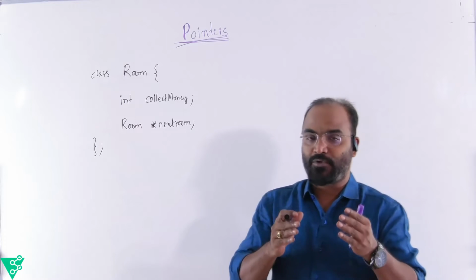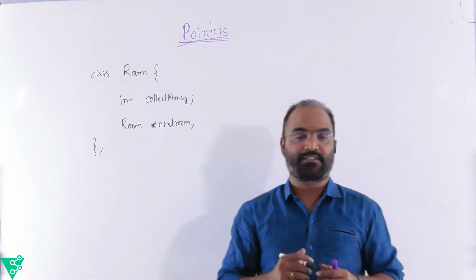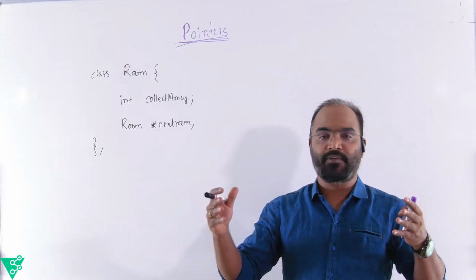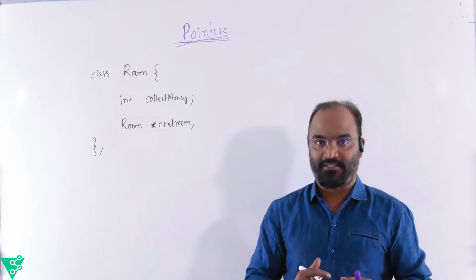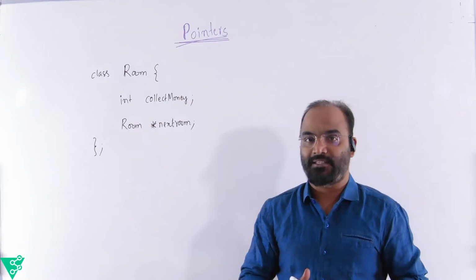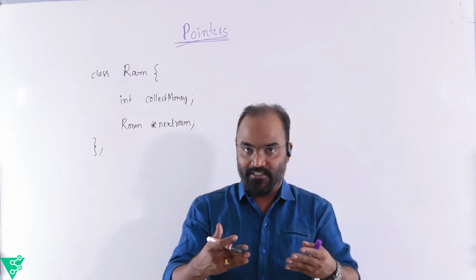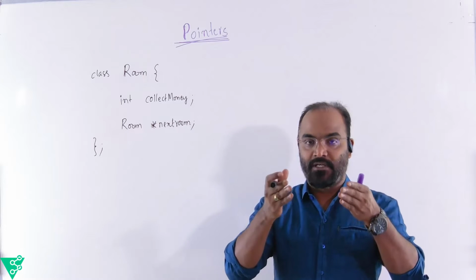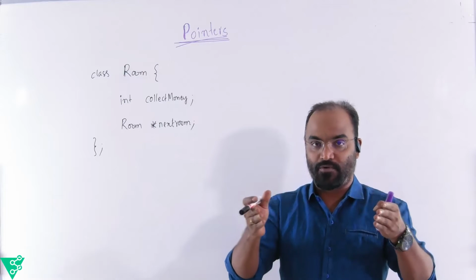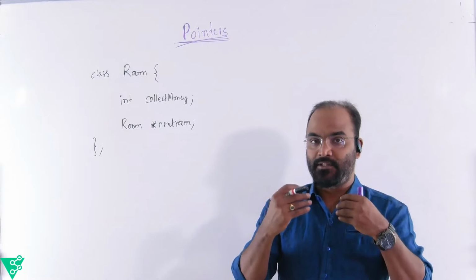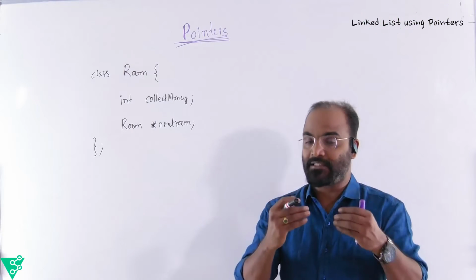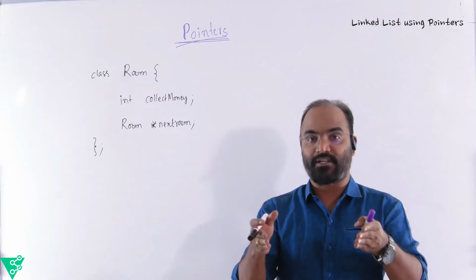For that, I want to relate it with a realistic example of having a large house or a bungalow with multiple rooms in it. So you enter into the first room, right? With the door. That has an address. You went to the address, so you opened the door. Think of the door as your address to get in.